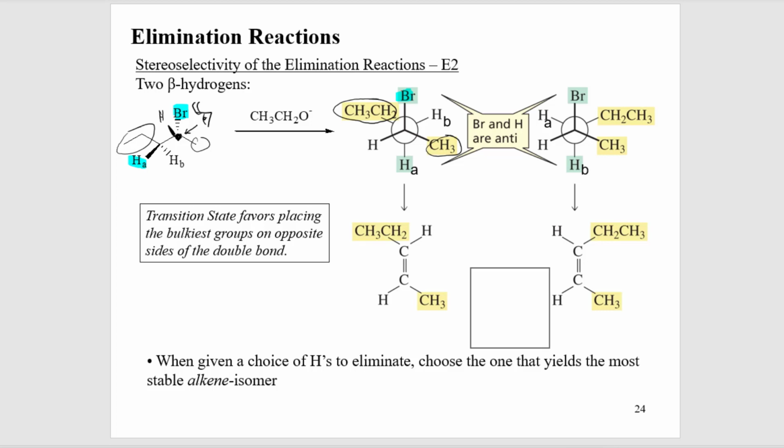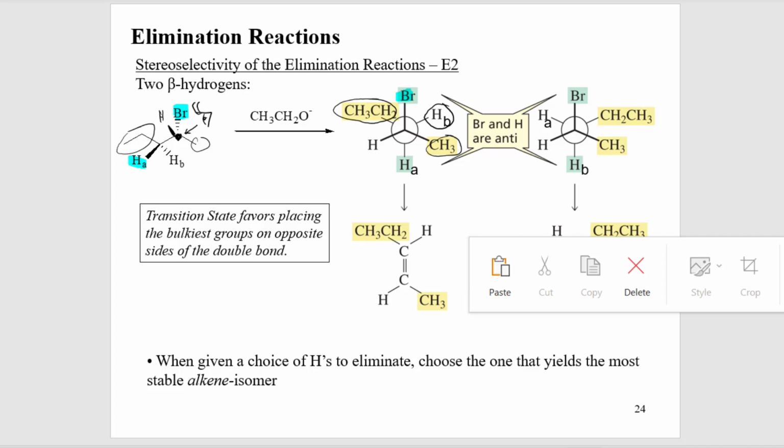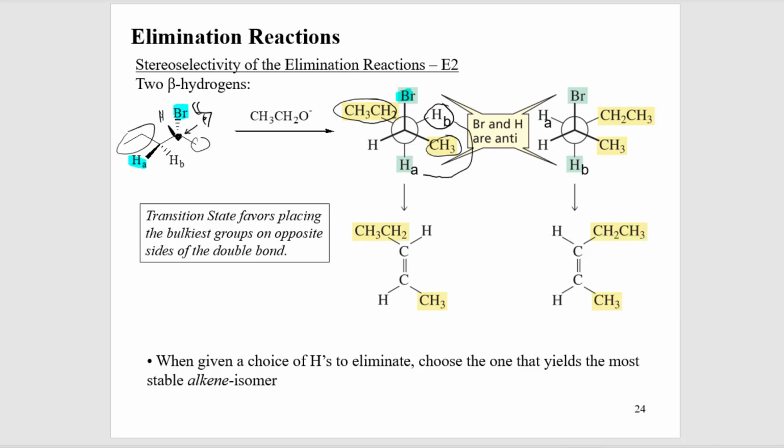Now, take this HB and just rotate the back so that HB is now anti-coplanar to the bromine. That's what they're showing in this model. And in doing that, the whole back carbon rotates. So the CH2 moves over, the HB moves to the anti-coplanar position.